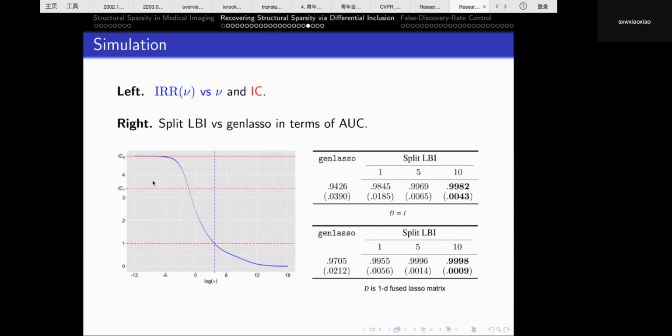When nu equals 0, our irrepresentable condition equals the IC value, and it is larger than 1. So both assumptions are not satisfied. But as nu increases, our IRR nu decreases continuously and finally becomes less than 1. So this means our condition is easier to satisfy when nu increases.